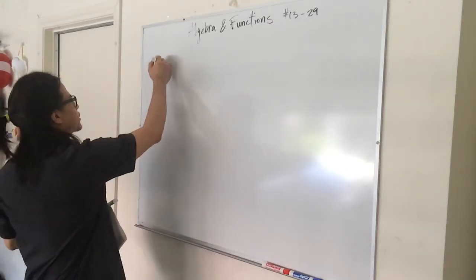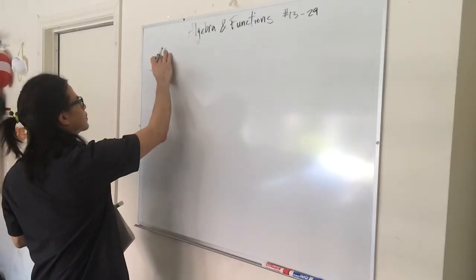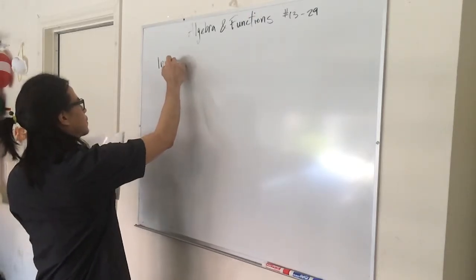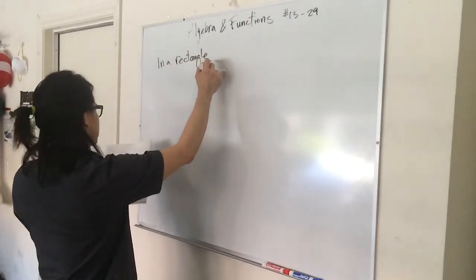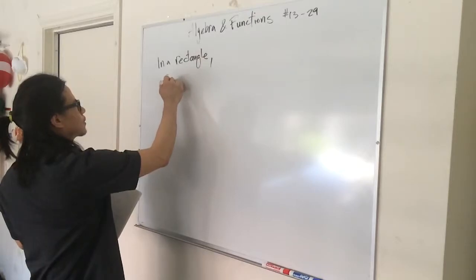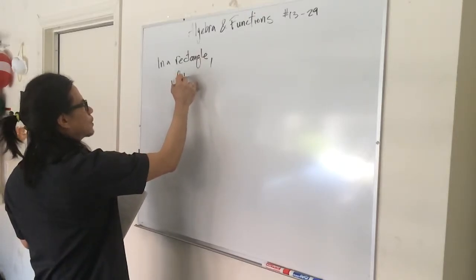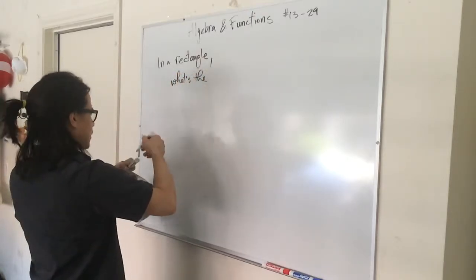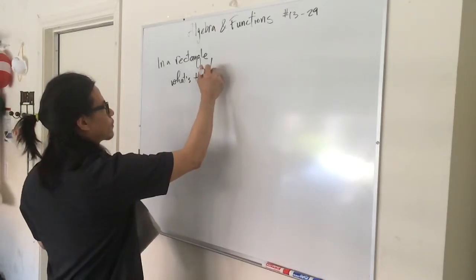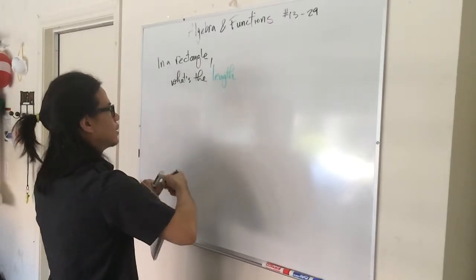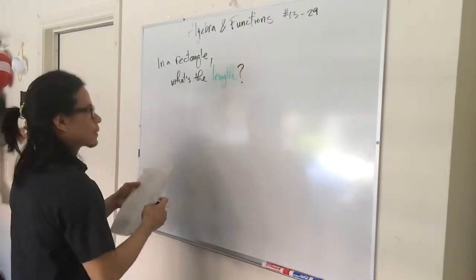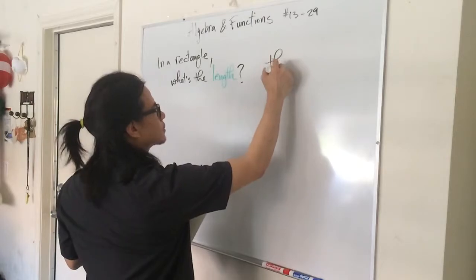Okay, so in a rectangle, first we need to know what's the length. Length is the long side.